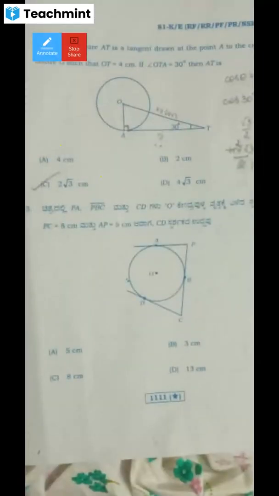If angle OTA is equal to 30 degrees, that is an acute angle. Observe here, this is the application question that they have asked. Find AT.